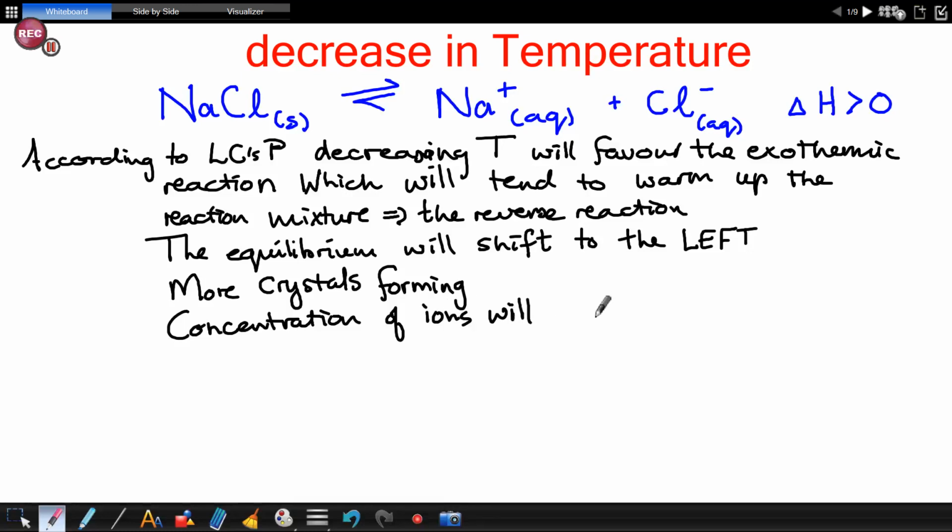They will decrease. That's what it means when they say the reaction will shift to the left, because then there will be less sodium ions and less chlorine ions in the solution, and there will be more sodium chloride crystals out of solution.